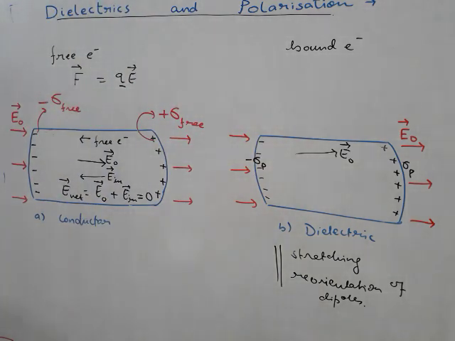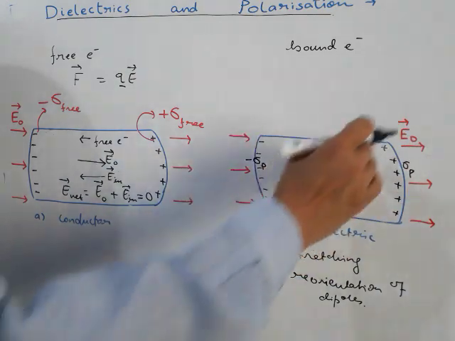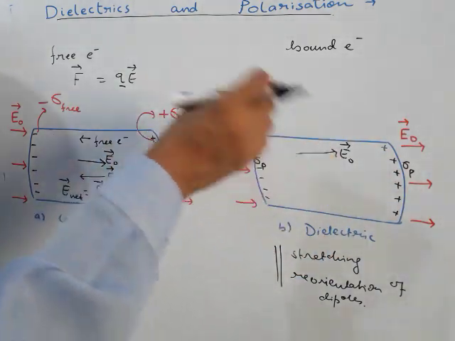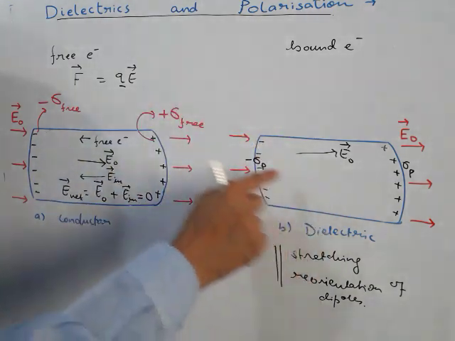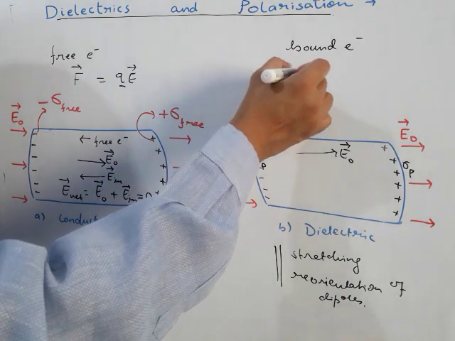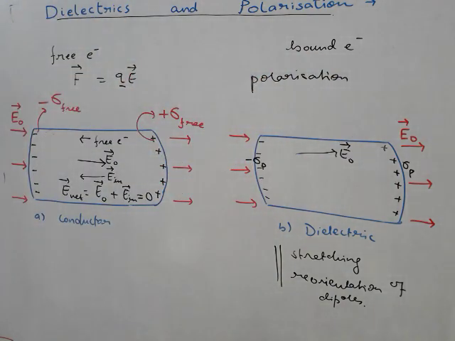Whenever a dielectric is placed in external electric field, remember, charges are developed on its opposite faces normal to the direction of electric field. This phenomenon is called as polarization, and hence these surface charge densities we have denoted as minus sigma p and plus sigma p.